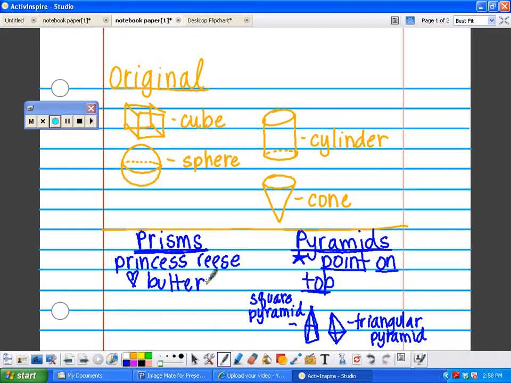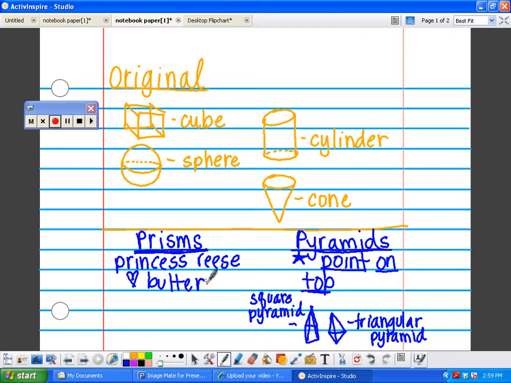A prism. Do you hear the resemblance between princess and prism? Okay, so look at all these. Don't they all kind of look like a fancy stick of butter? Doesn't this look like a fancy stick of butter? Now, if you see something that looks like a long stick of butter, what are you going to call it? A prism.